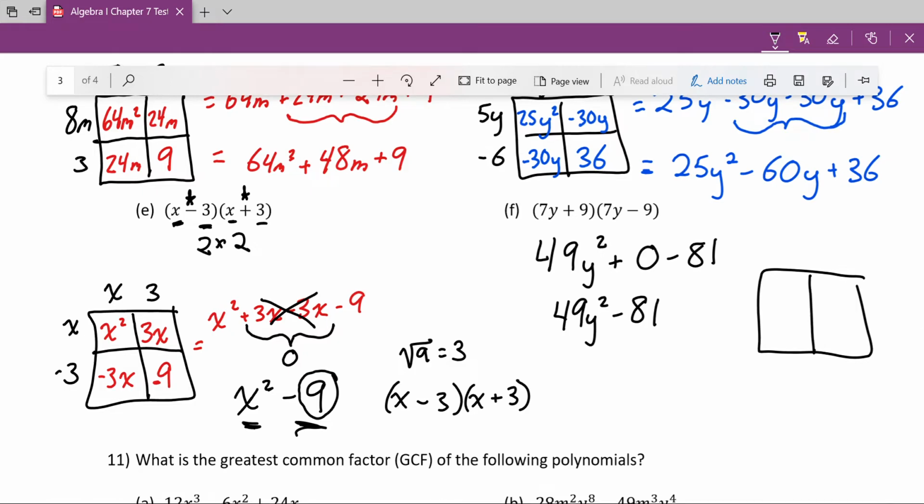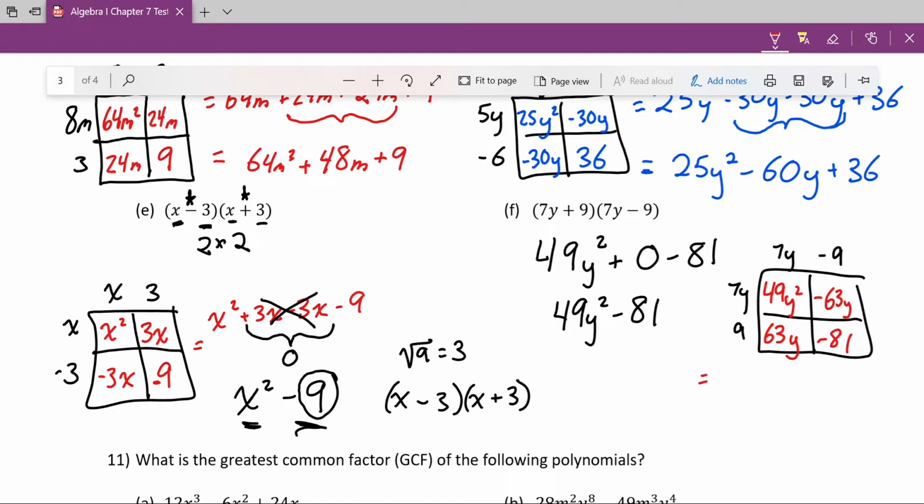And this is really just double checking that this shortcut works. 7y plus 9 times 7y minus 9. 7y times 7y is 49y squared. Negative 9 times 7y is negative 63y. 9 times 7y is positive 63y. And 9 times negative 9 is negative 81.